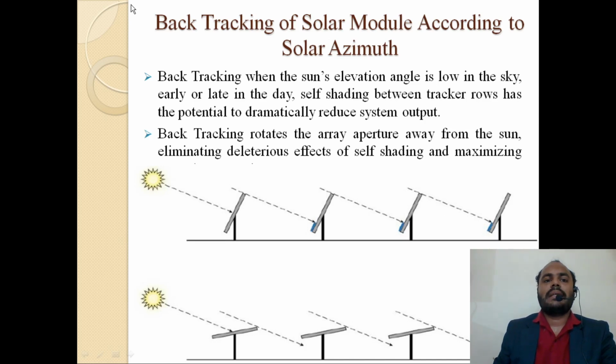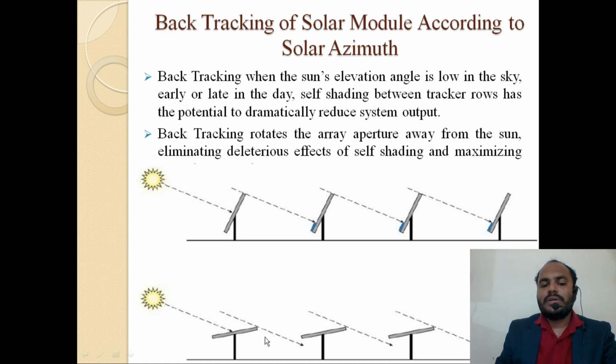Basically, backtracking is a method that rotates the array aperture away from the sun, eliminating the deleterious effect of self-shading and maximizing the power output. So what we are doing is just rotating the panel about its axis. Whenever the sun's radiation falls, the shadow length is up to this point only.